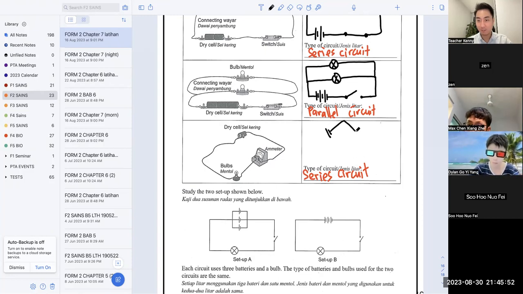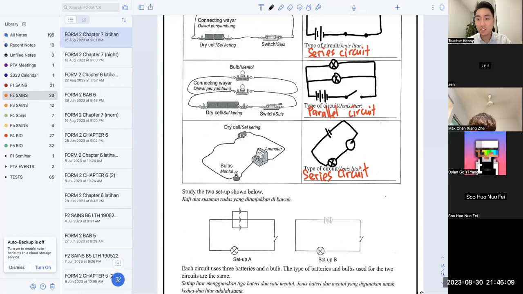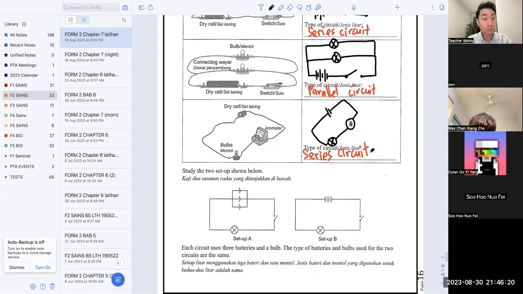Wait, ammeter. Light bulb. Agree. Fun, right? Quite easy, right? Once you know the symbol, it's actually quite fun to draw it. Okay, good.